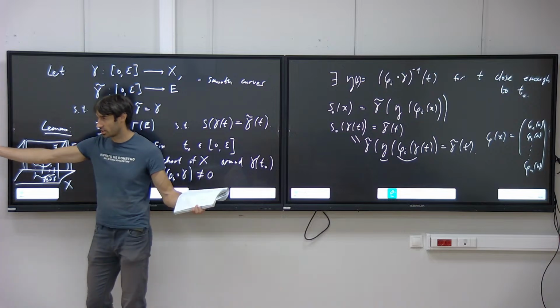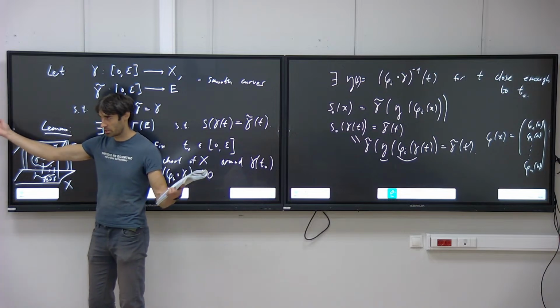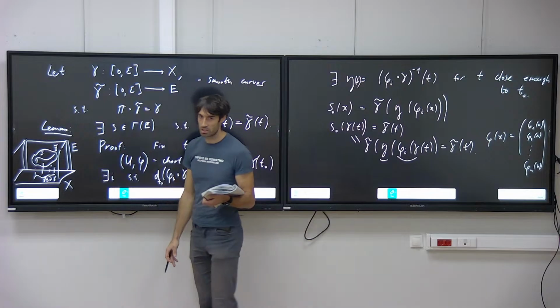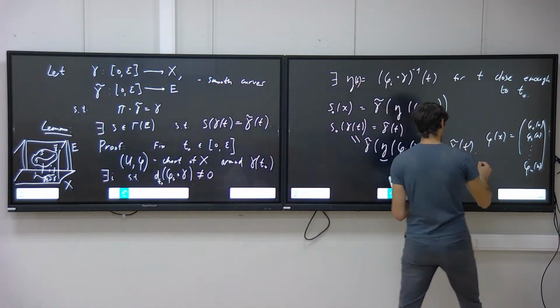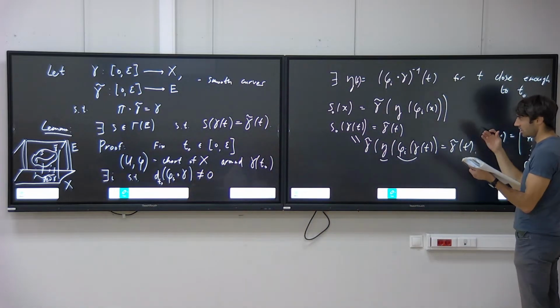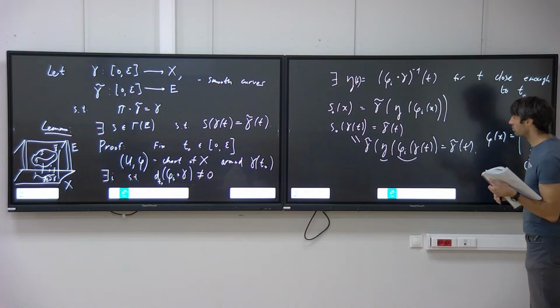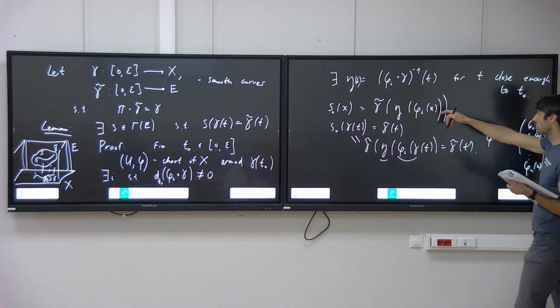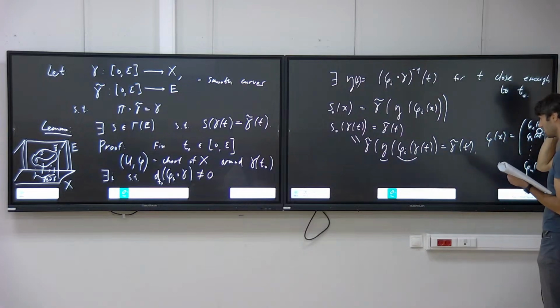Then I just extend it to the whole by zeros outside. So it's clear how to go from local to global from there. But the trick is to construct the inverse of such one.